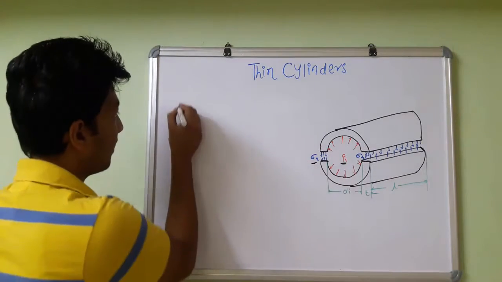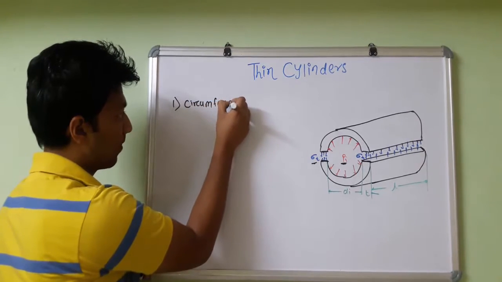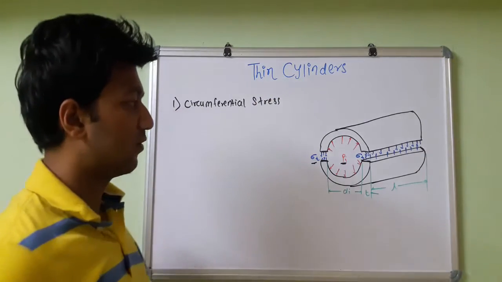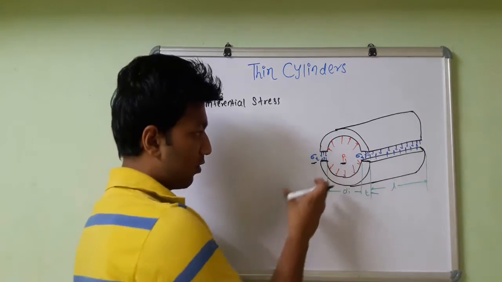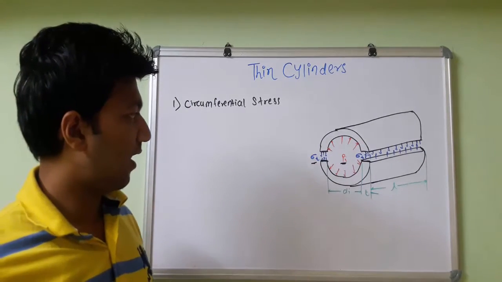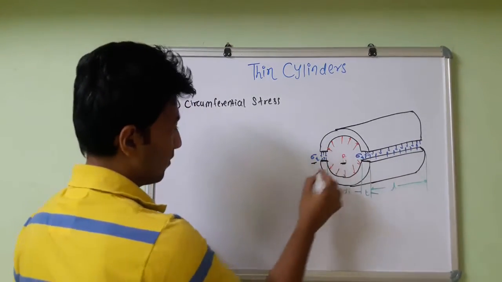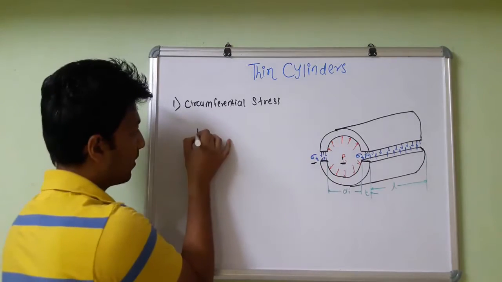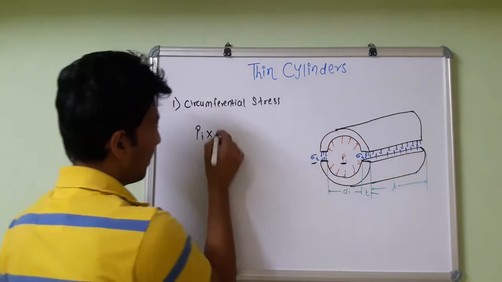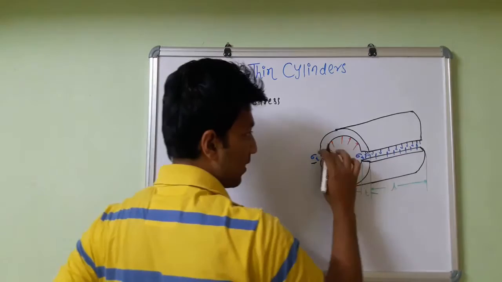First we find the circumferential stress. To find it, we have to equate the forces. The pressure force is Pi into the area it acts on, that is Pi into di into L, the diameter and the whole length.